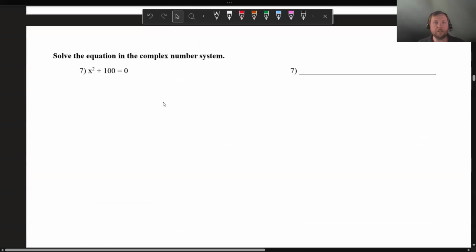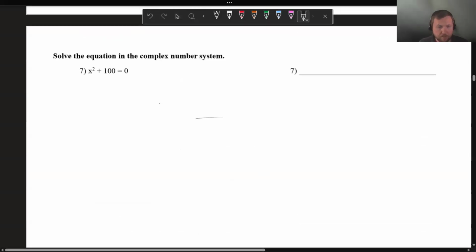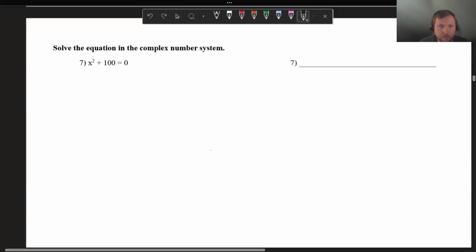Okay, solve the equation in the complex number system. So I have x squared plus 100 equals 0. There's no cross term, so I'm going to subtract 100 from both sides. So I have x squared equals -100. I use the square root method.